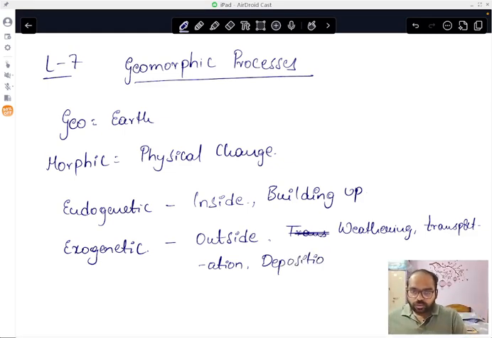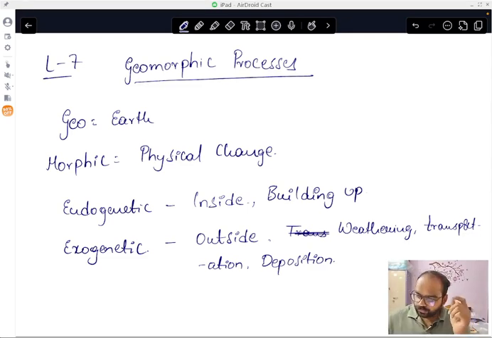Through endogenetic forces, we can see the building up of continents or crustal plates.